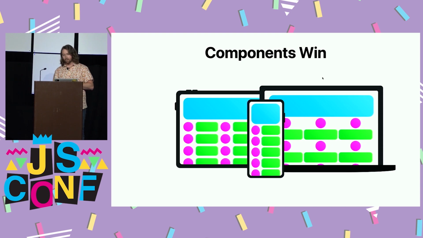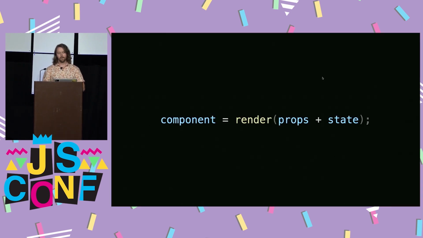But what is a component? I like to define components this way. This is kind of like pseudo math here. A component is a function of rendering props and state. And those words might sound familiar to you if you've built a React app. Let's dig into those words a little bit more.